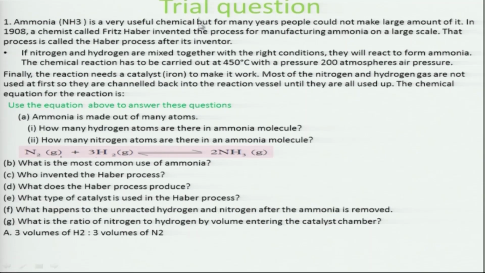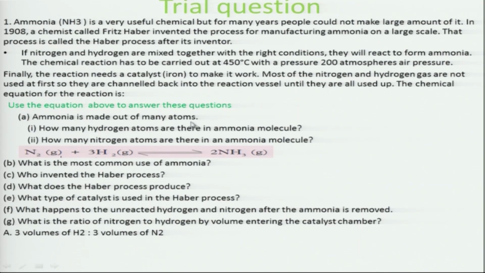In the Haber process, we said we use nitrogen and hydrogen in the ratio of 1 to 3. We get ammonia here. All right? So you use this equation here to answer these questions.